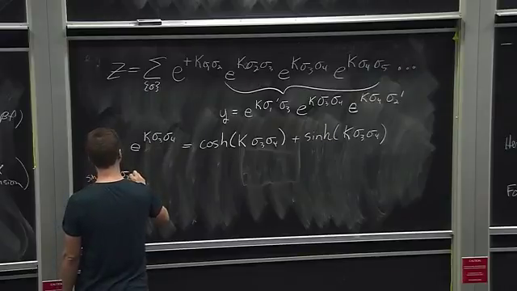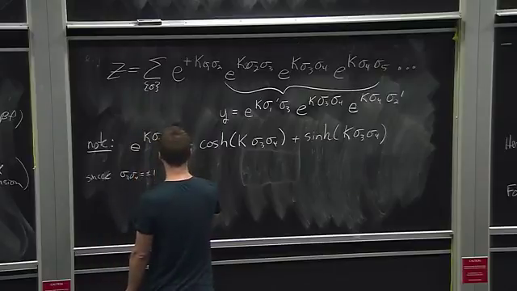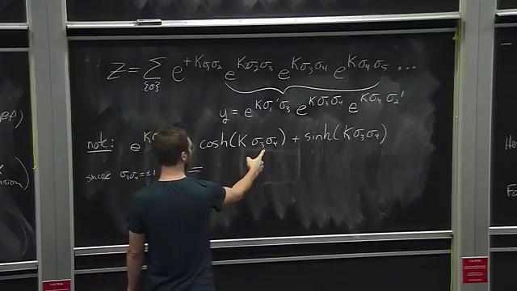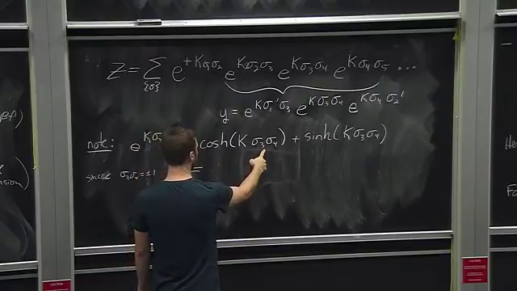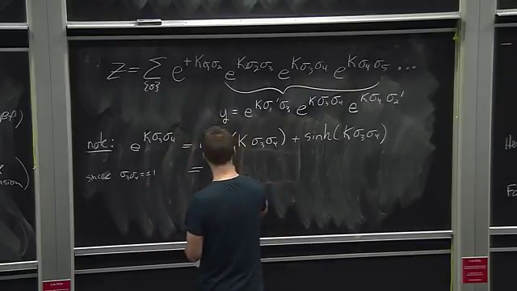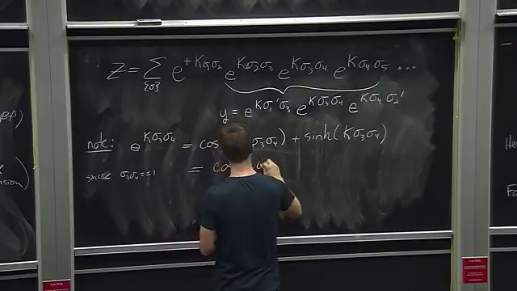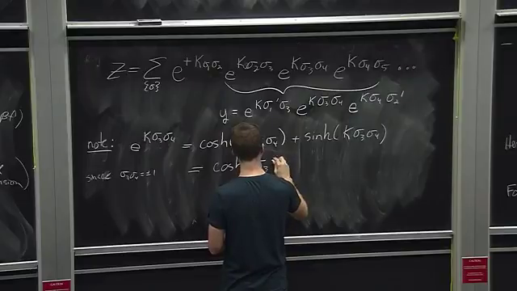Since sigma 3, sigma 4 are plus or minus 1, then if it's here, it doesn't matter. So it's just the hyperbolic cosine, it's an even function.